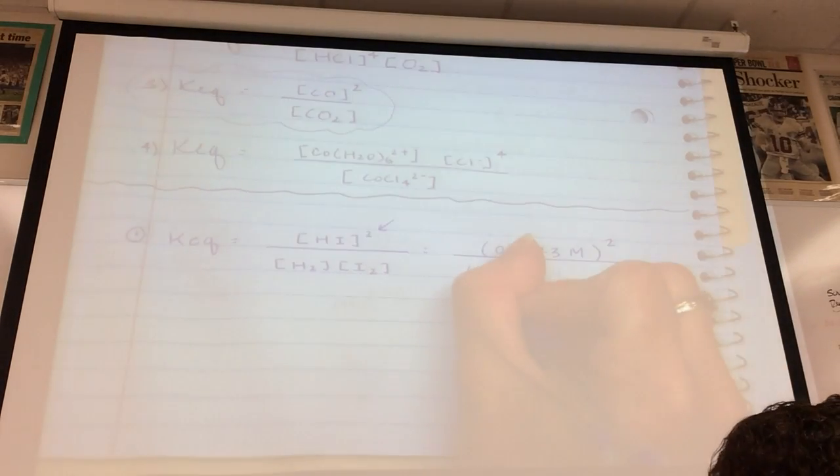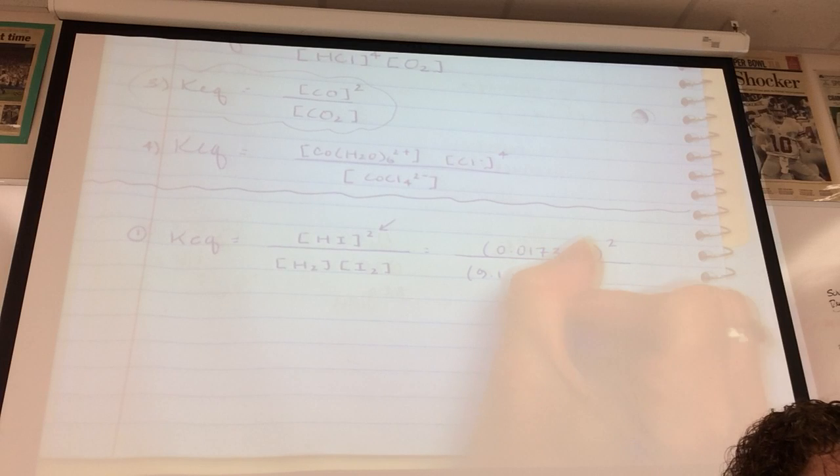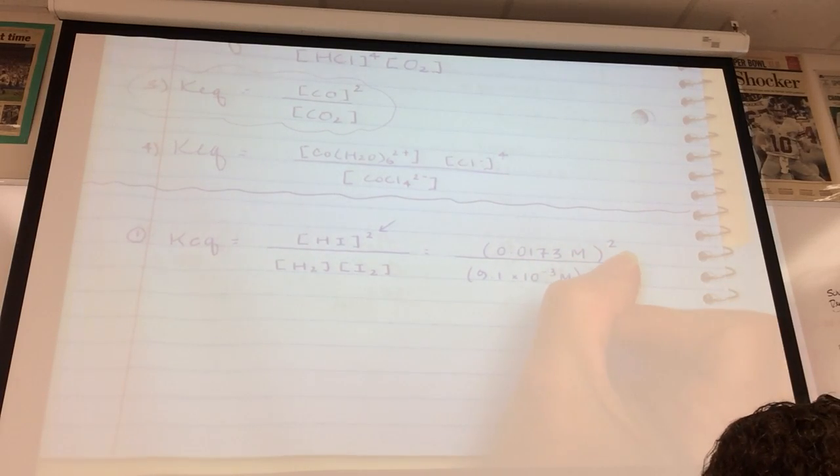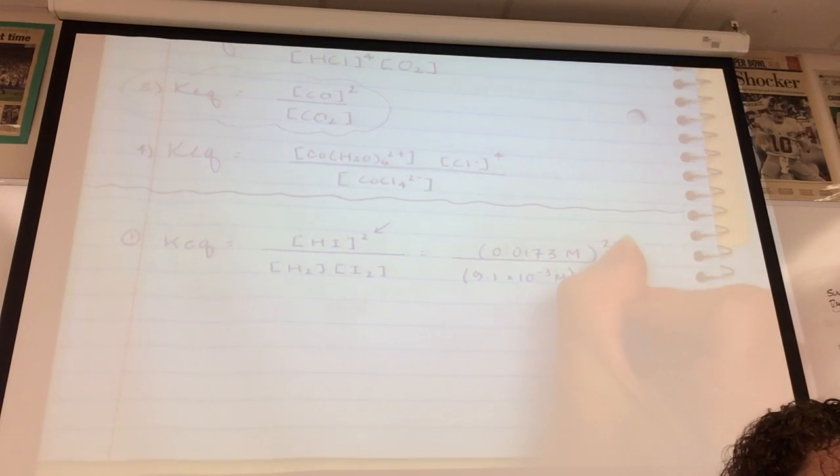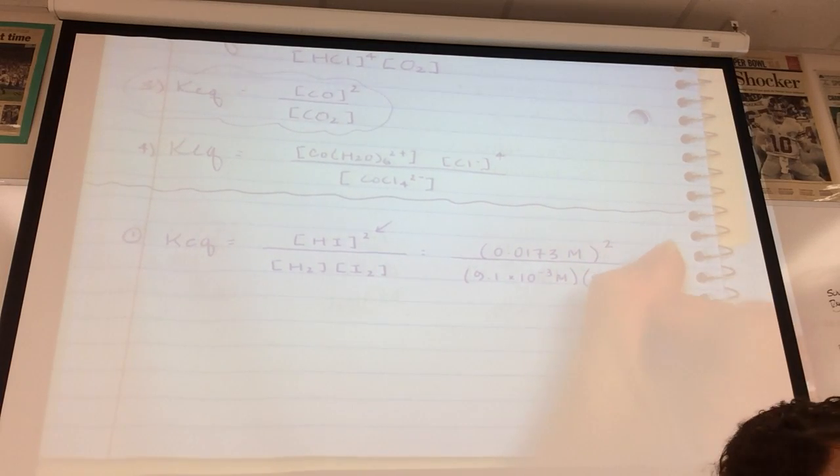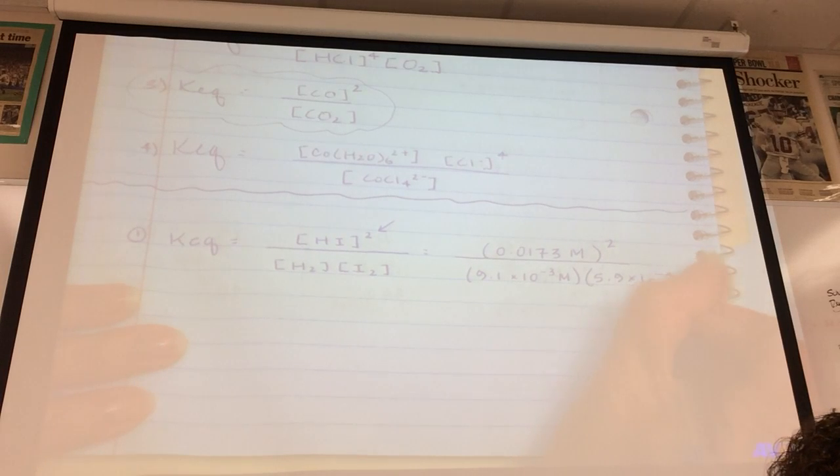You've got 9.1 times 10 to the negative 3 molar, 5.9 times 10 to the negative 4 molar.